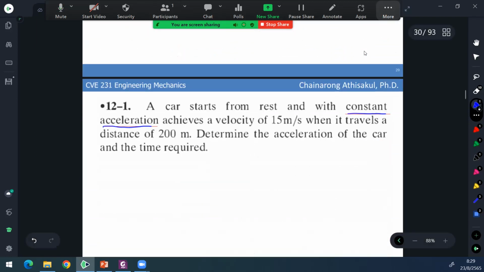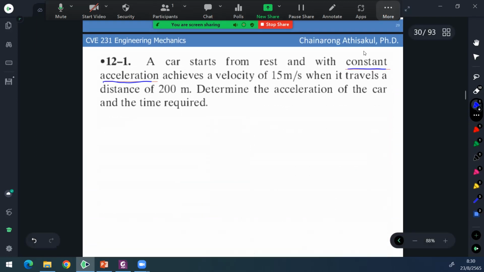If we review this problem, the car starts from rest. Start means time equal to 0, and from rest means the initial velocity v0 is 0 meters per second.